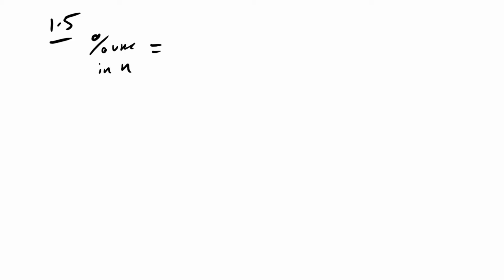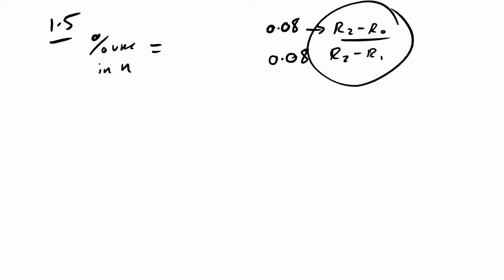And so we know that, well, we have R0, R2 minus R1. So in here we have 0.08 millimeter absolute uncertainty, and the same for the bottom as well. And so therefore, because we're dividing two numbers, we have to find the percentage uncertainty of the top and the bottom and then add them up.